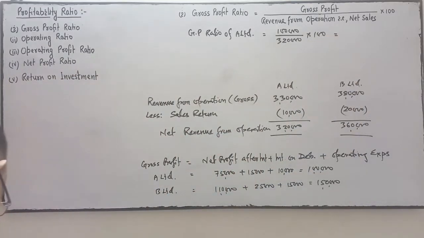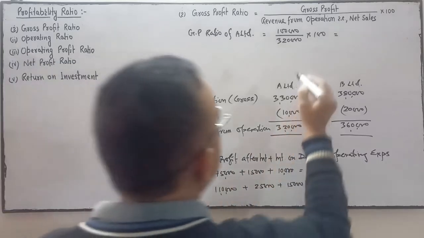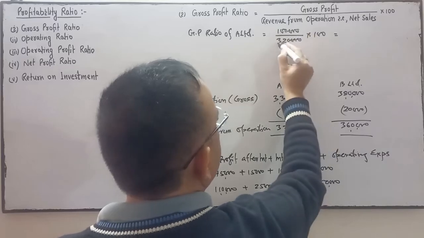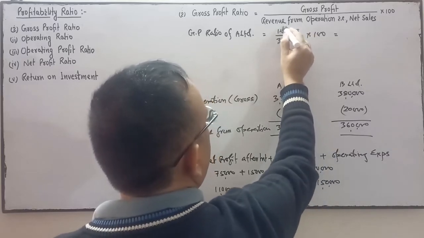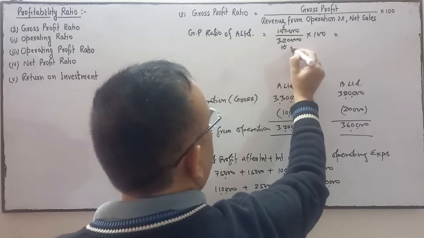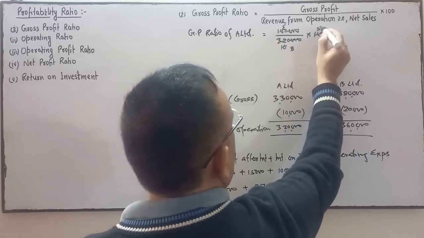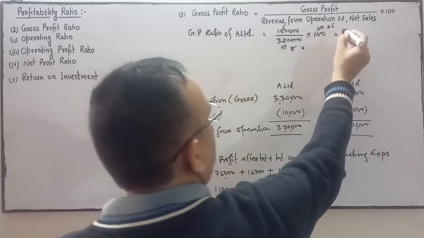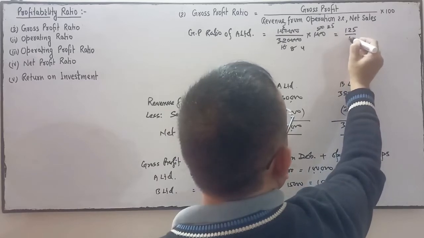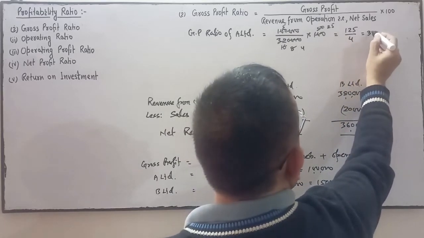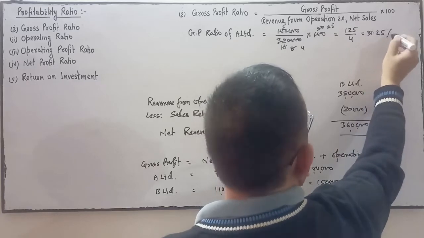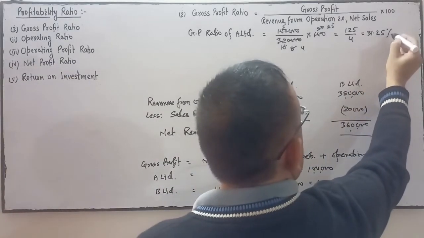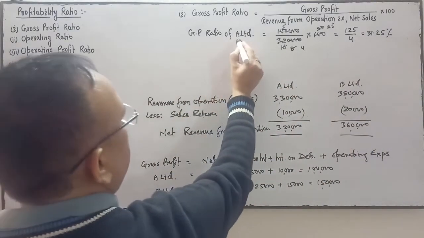So 1 lakh upon 3,20,000 into 100. 40 cancelled, it is 16, it is 5, it is 8, 50, it is 4, then it is 25. So 125 upon 4, it is 31.25%. This is the gross profit ratio of A Limited.